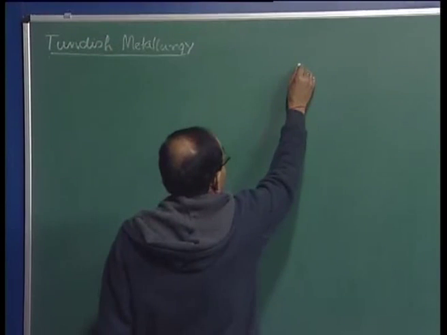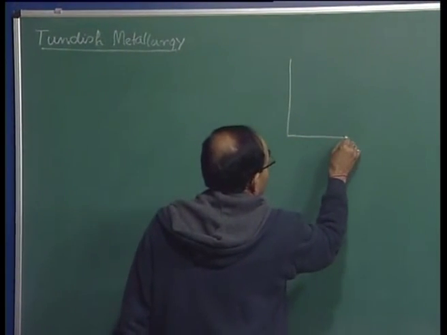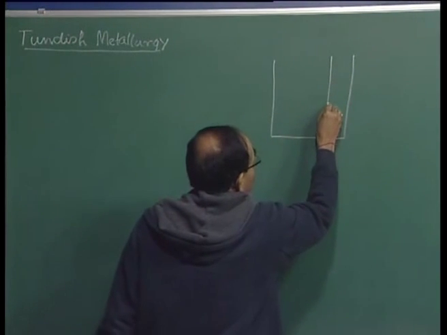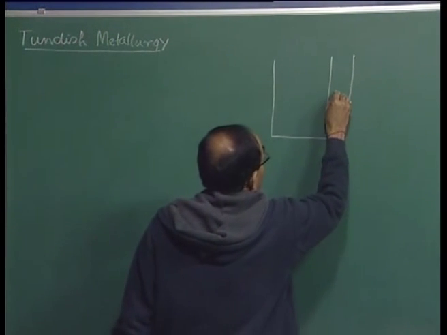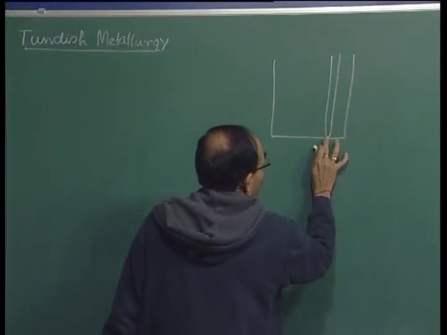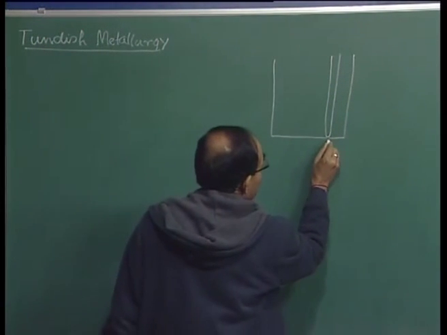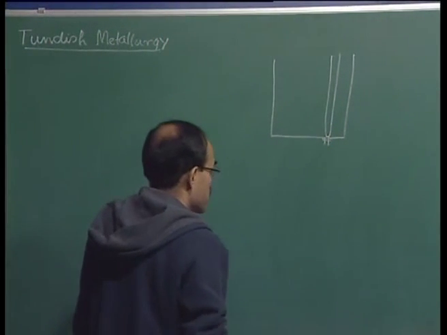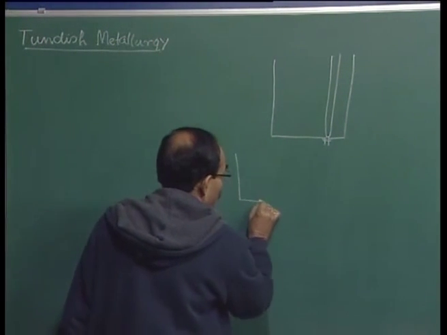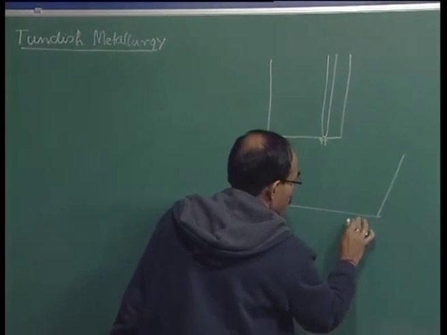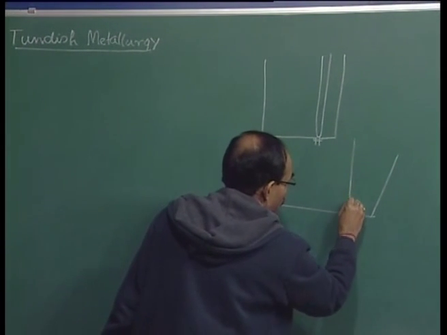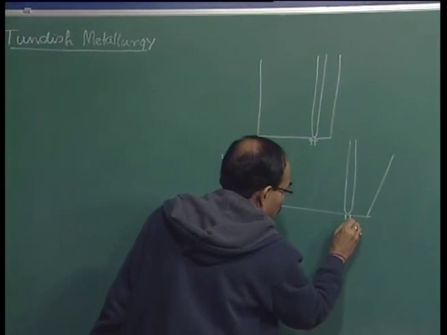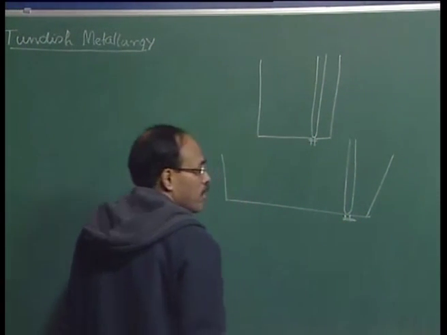We have seen that there is a ladle, and as I have mentioned, either there could be a stopper rod to control the flow, or there could be slide gate nozzles, and similarly we can have in the tundish also a stopper rod, or we can have at the tundish also a slide gate.